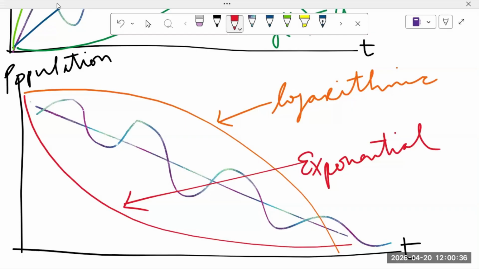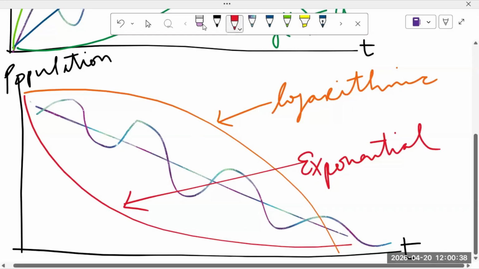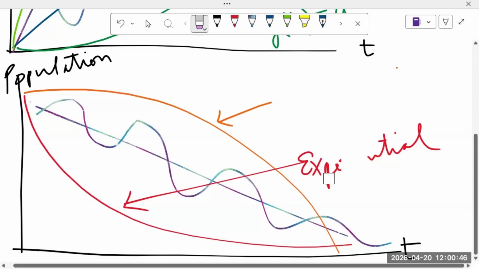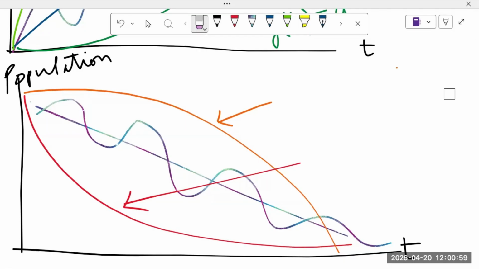I'm sorry, this one is vice versa. If it is exponential, the slope will have to be steeper as time goes on.